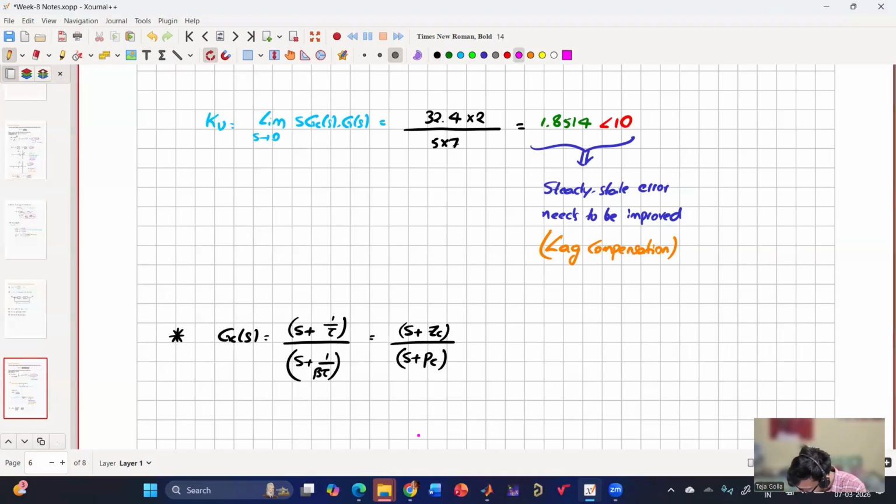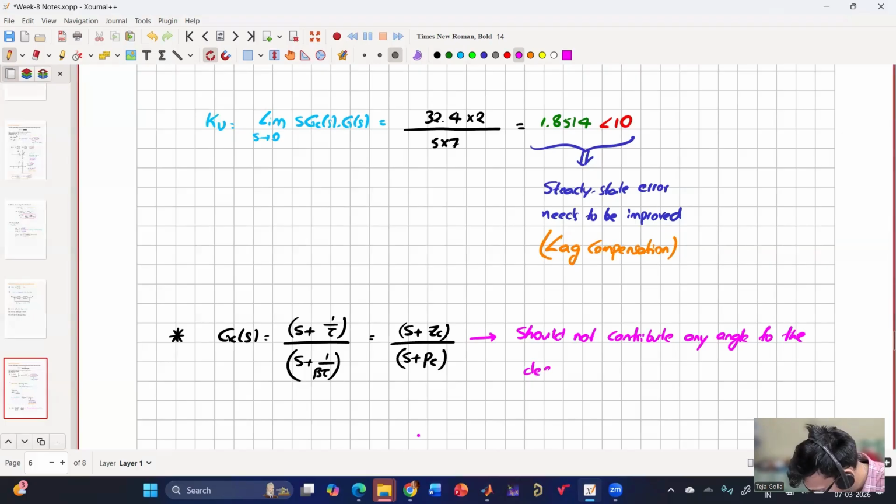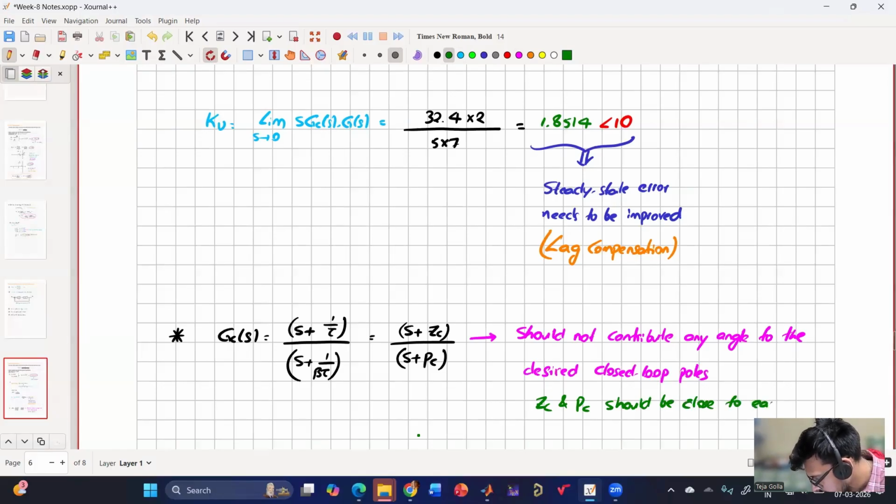So this should not contribute any angle to the desired closed loop poles, which means they should be very close to each other. So ZC and PC should be close to each other.